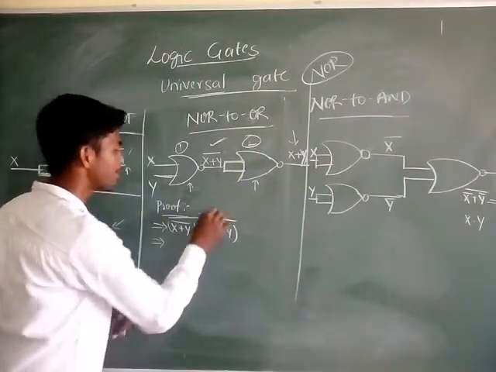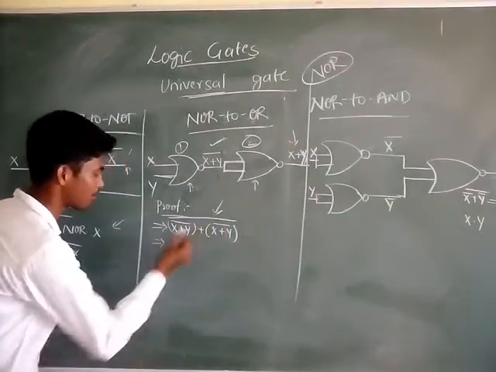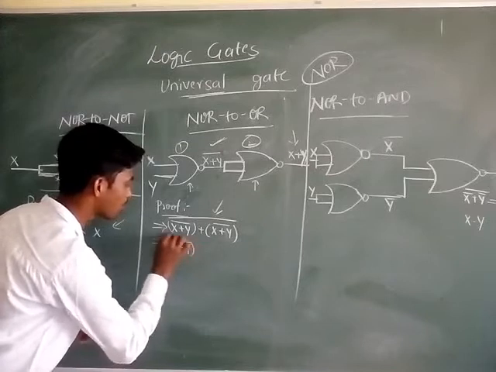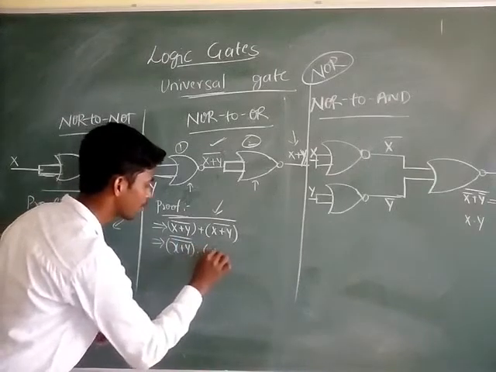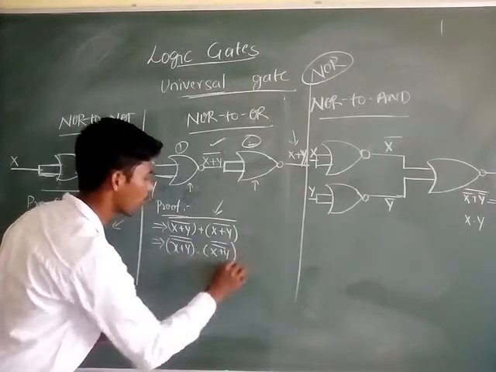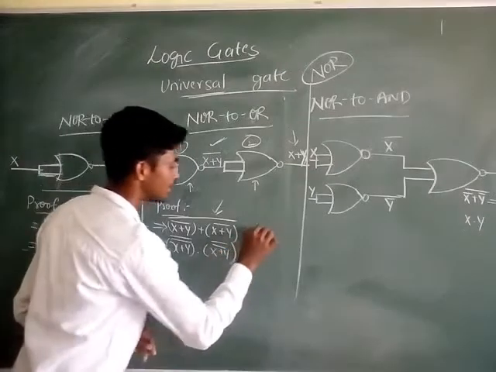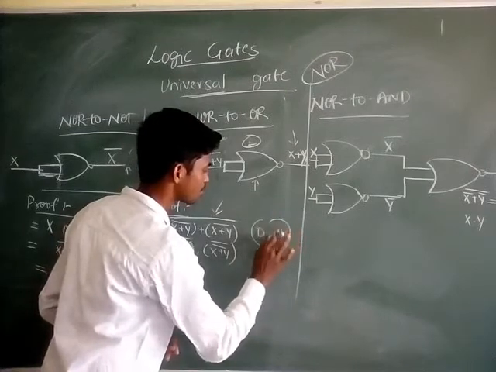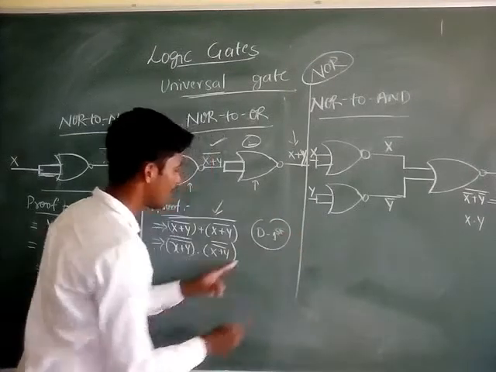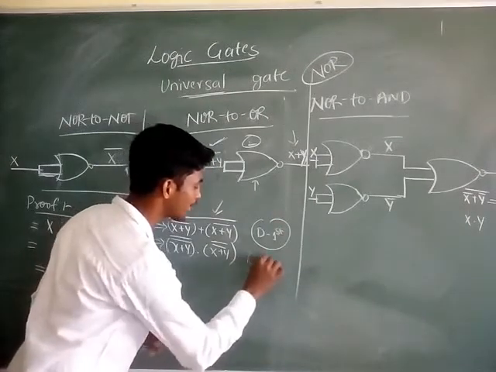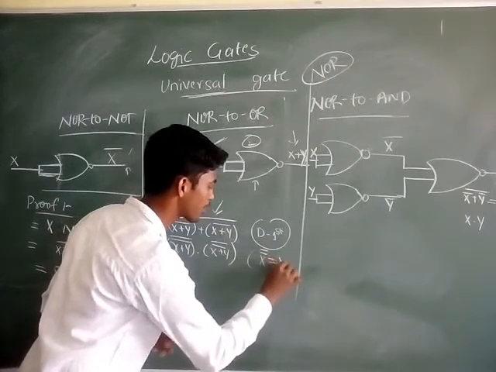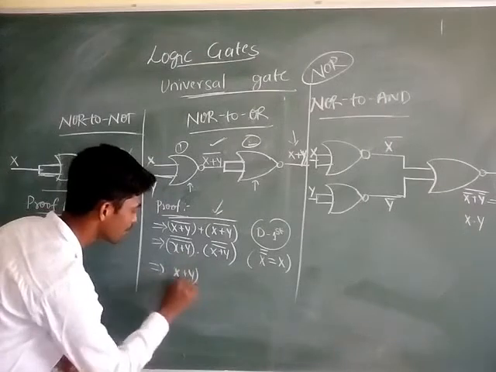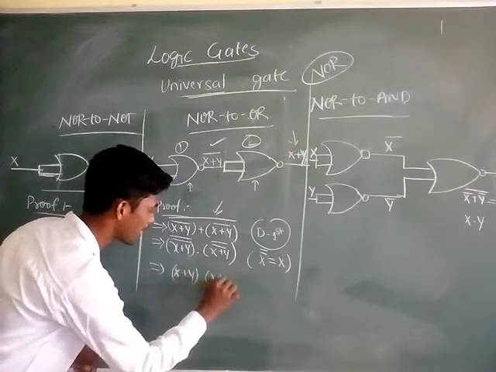Just divide it using De Morgan's first law, that is x plus y whole complement into x plus y whole complement. I am applying De Morgan's first law here, and the Boolean postulate x complement whole complement is equal to x, which will give you x plus y into x plus y.